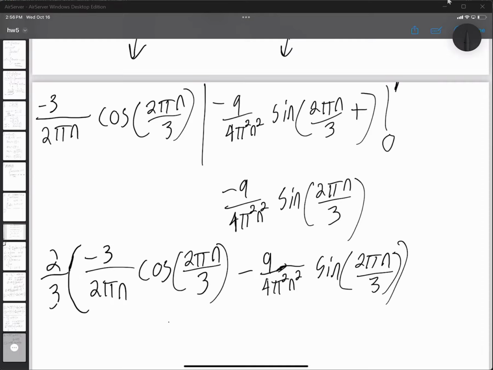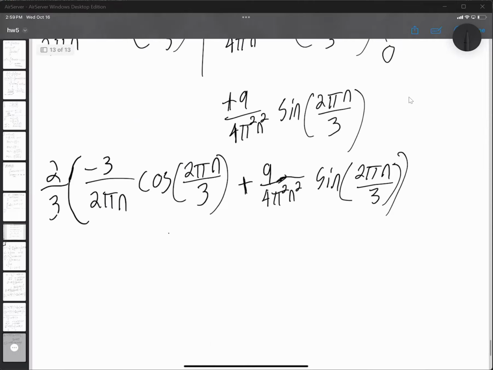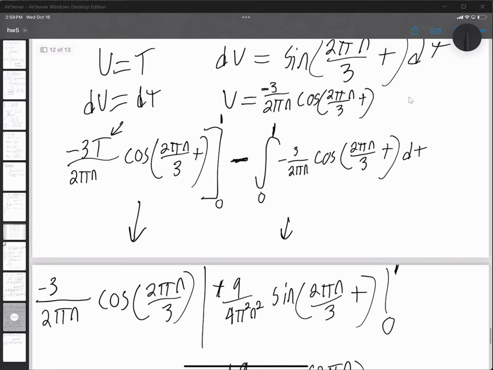Okay. And that should be... Alright, and after checking my work for a good bit, this is the right answer. And I forgot to include the minus from u v minus the integral of v du.